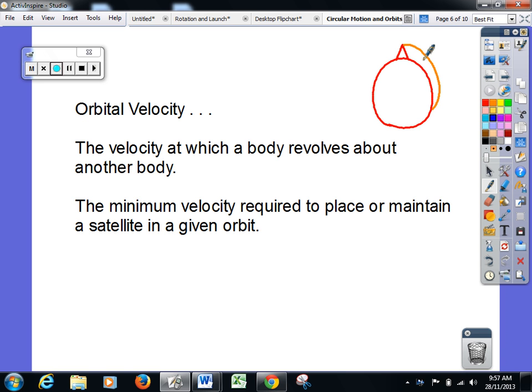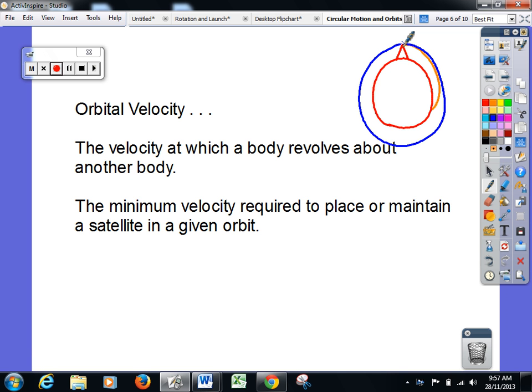But given enough energy, it will go all the way around and re-enter the back of the cannon. So this is the value for circular orbit. Okay, that's the minimum value to which you get.